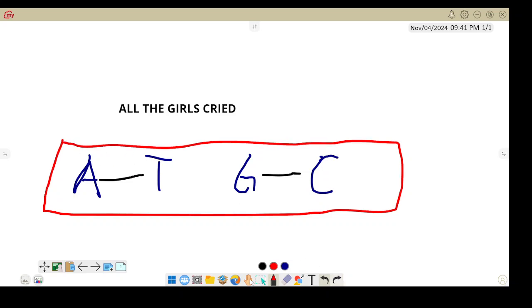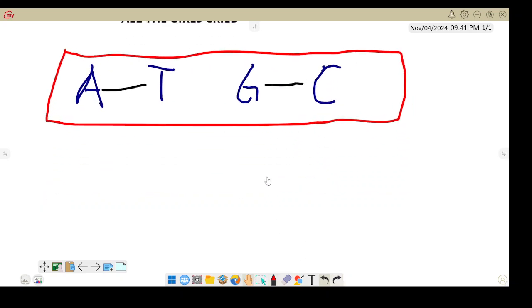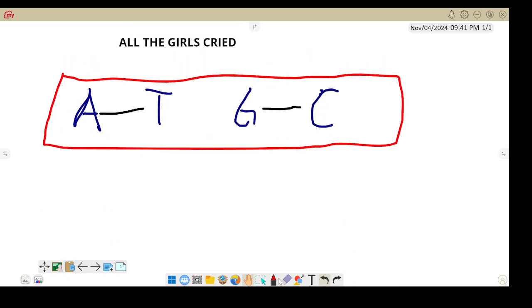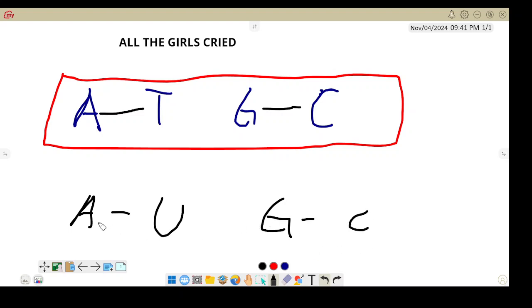If we are to talk about RNA, it will just be the same, except where there is thymine here, we're going to put uracil. So when we have RNA, adenine pairs with uracil, and guanine still with cytosine.